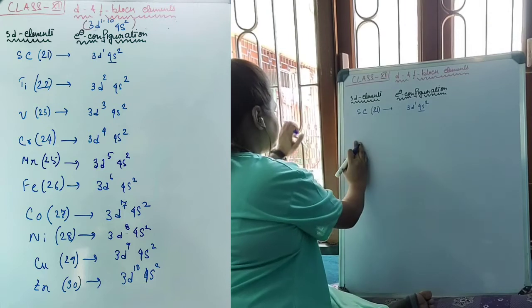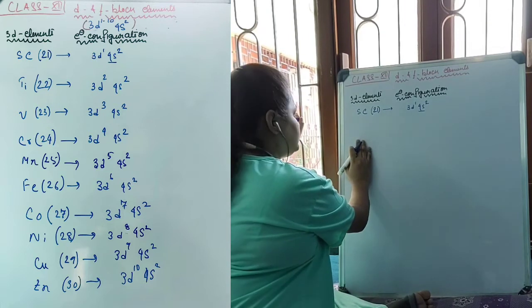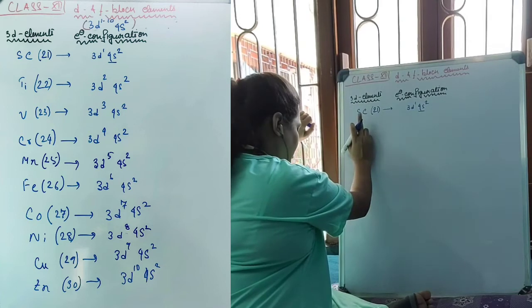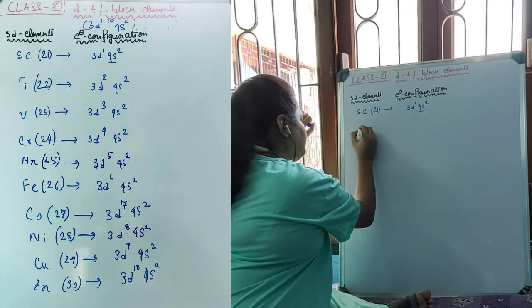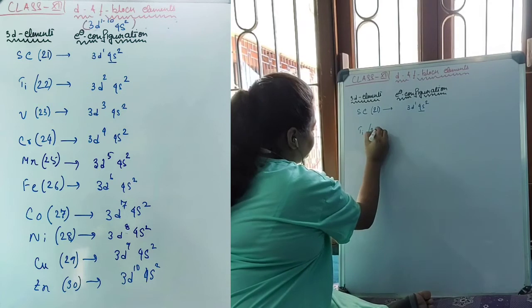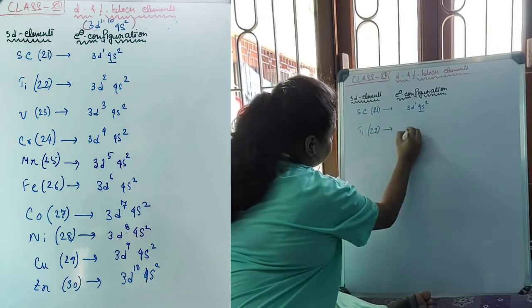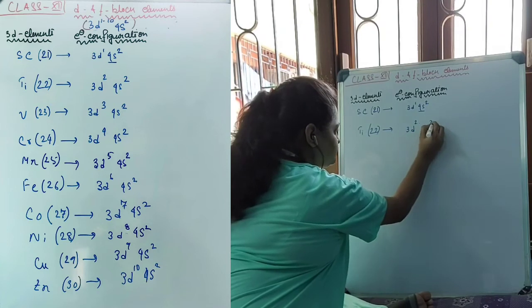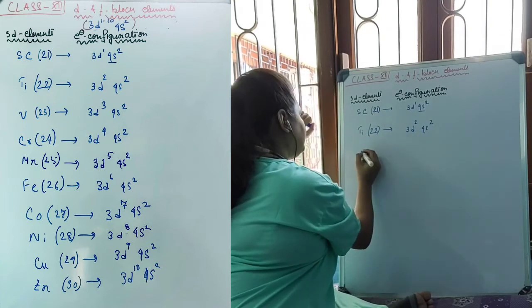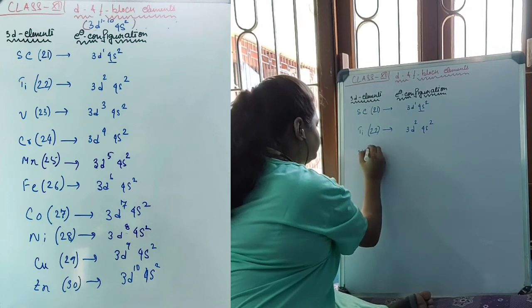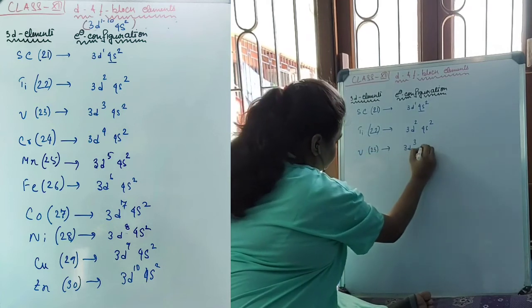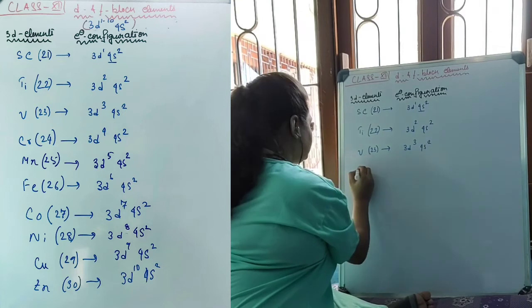The second element in the first transition series, or the 3d transition series, after scandium is titanium. The atomic number is 22 and the electronic configuration will be 3d2 4s2. After titanium it is vanadium, 23, 3d3 4s2.